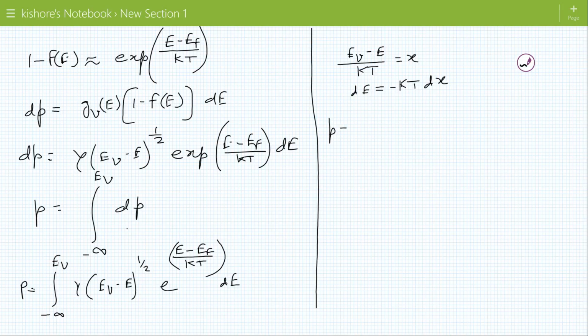See, if E is minus infinity, then x is plus infinity. And if E is EV, then x is 0.